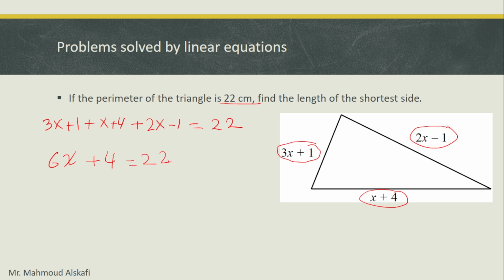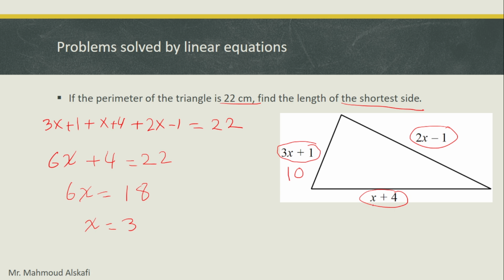Here we need the shortest side, so we first need the value of x. Minus 4, so 6x equals 22 minus 4, which is 18. So the value of x in this case is 3. Now let us substitute the value of x. 3 times 3 is 9, plus 1 is 10.